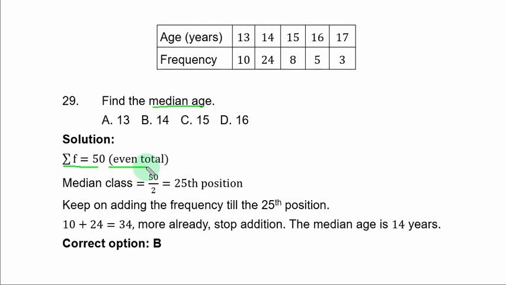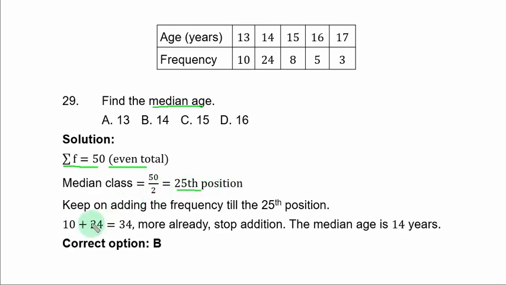If it is even, you leave it. Next is to get the median class. The median class is to divide the sum of frequency by 2, that is 25th position. So you keep on adding the frequencies till you get to the 25th position.